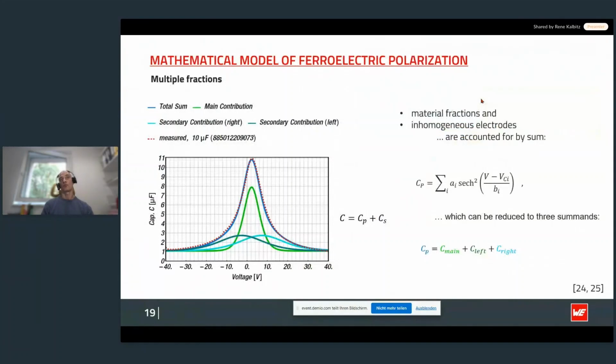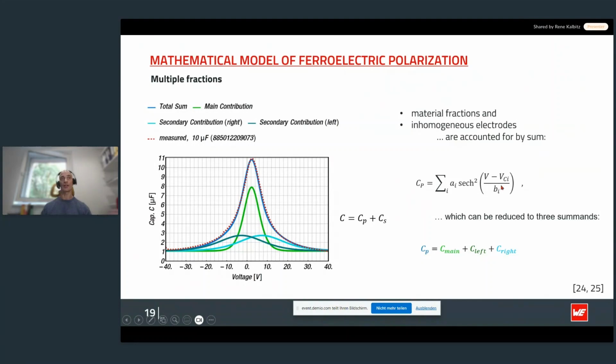So what we have could be viewed as a superposition of different fractions that add up to the total capacitance. One could now be worried that this would be a rather messy fit. There are certainly many of these fractions. And how could that possibly help?